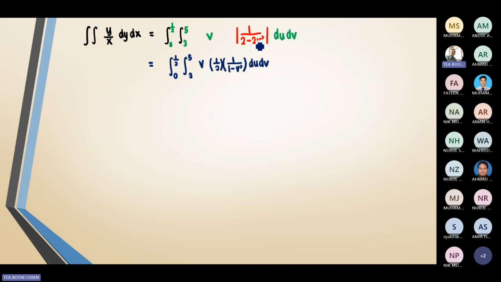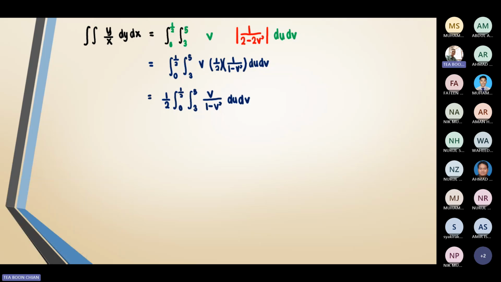Having the common factor, it now gives me 1 over 2, integrate 0 to 1 over 2, integrate 3 to 5, giving me v over 1 minus v squared du dv.